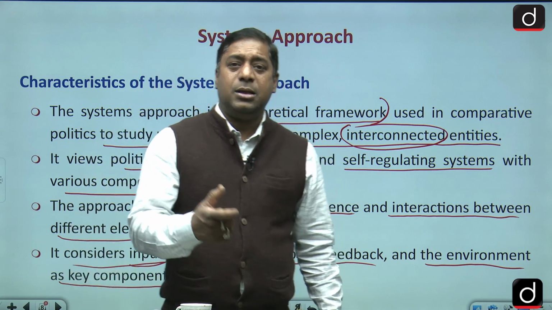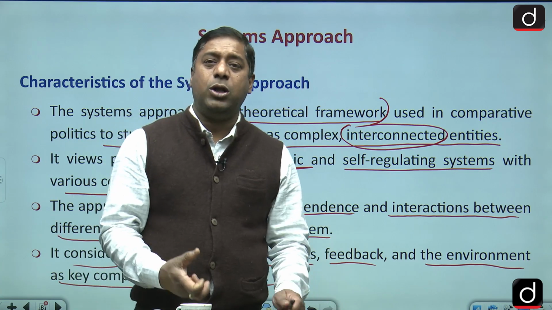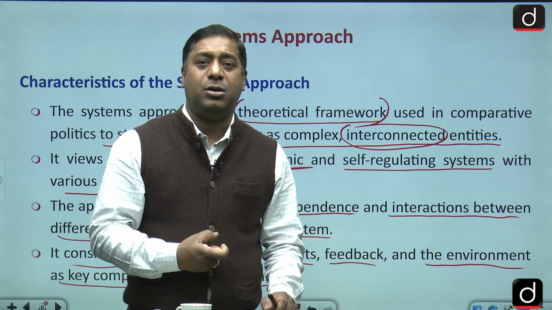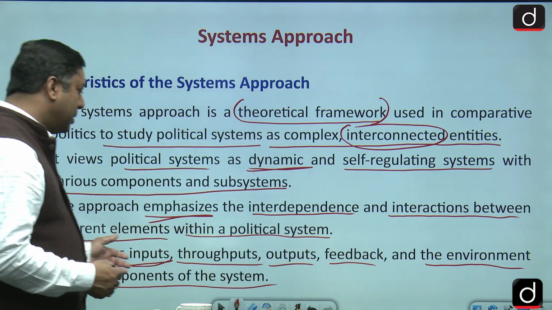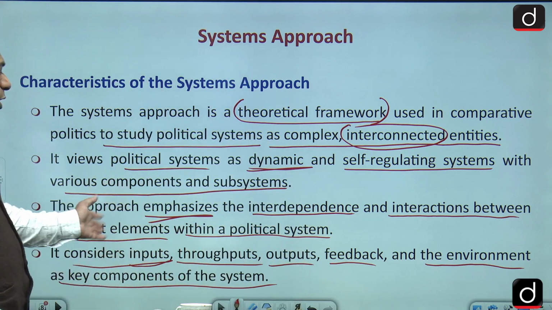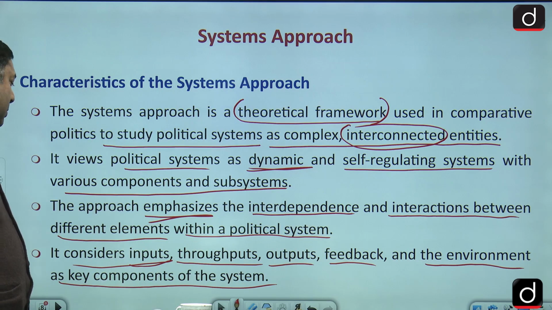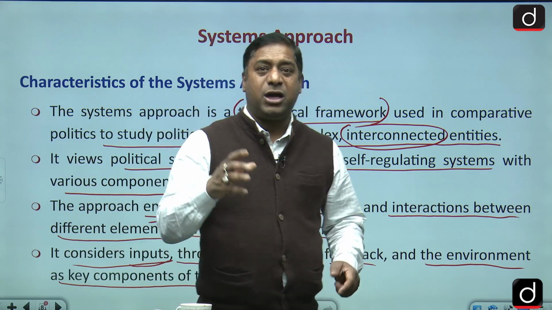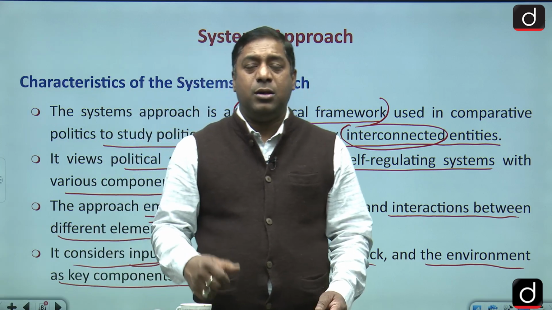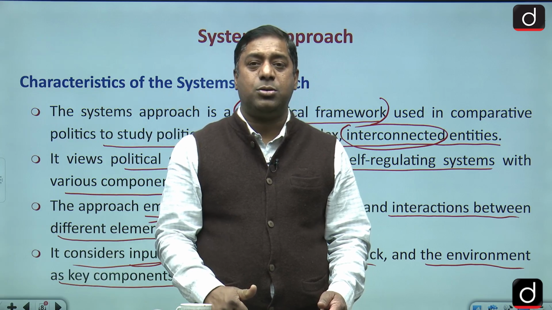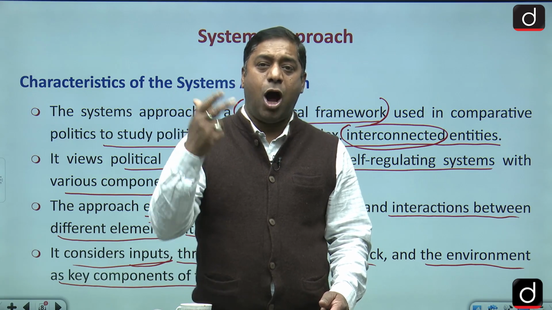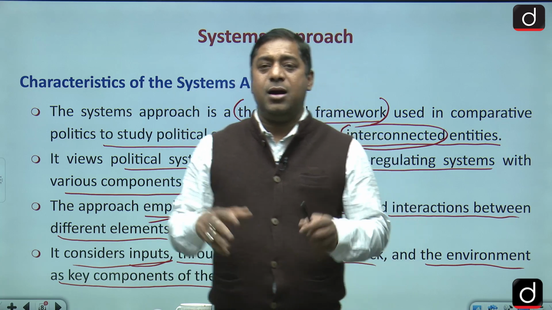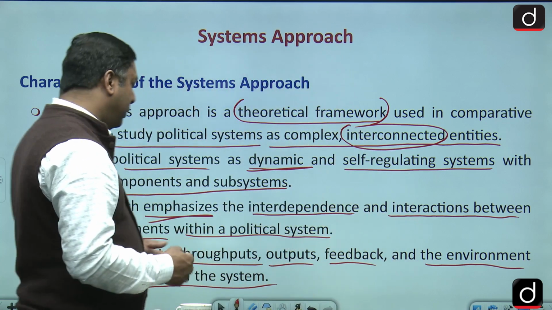So this approach emphasizes the interdependence as well as interaction between the different elements of a political system. And what are the key components of this system? The key components are input, throughput, output, feedback, environment. These are the important components of this system.